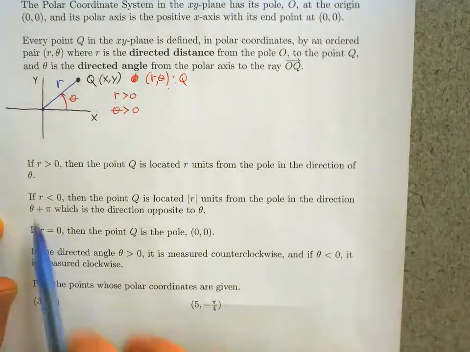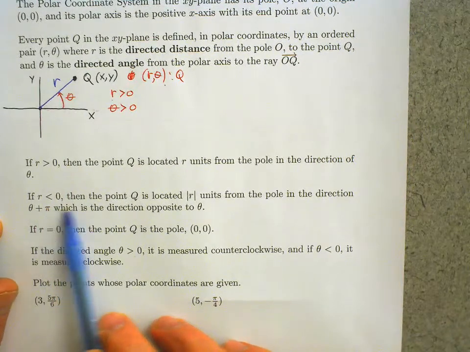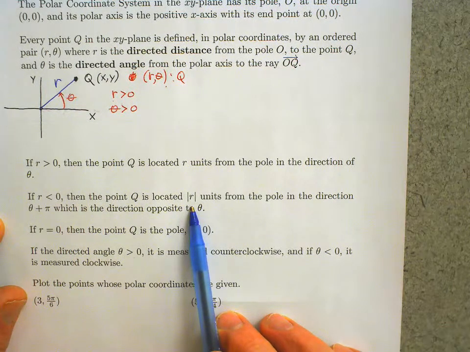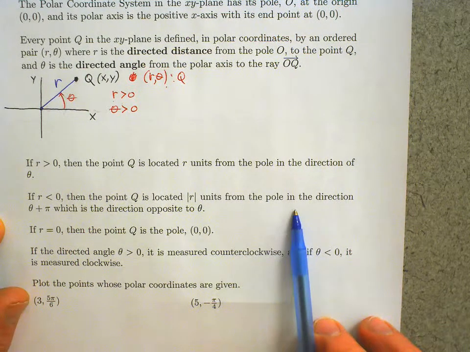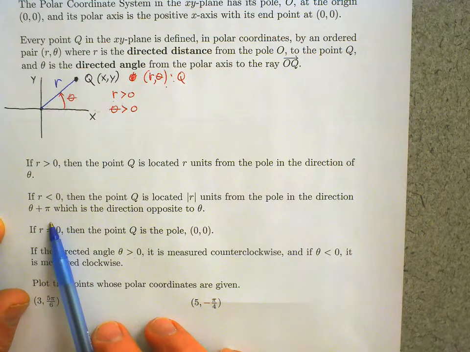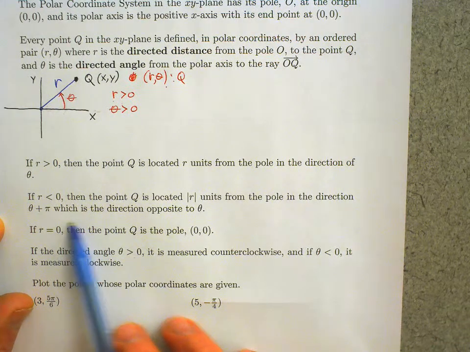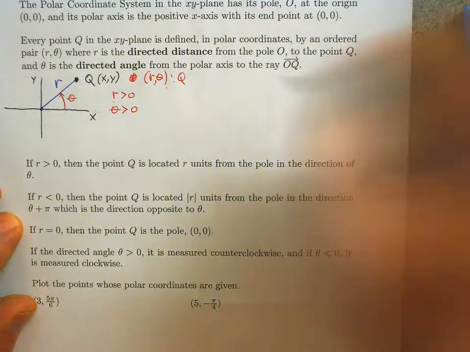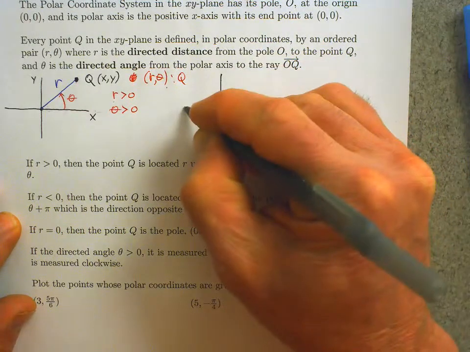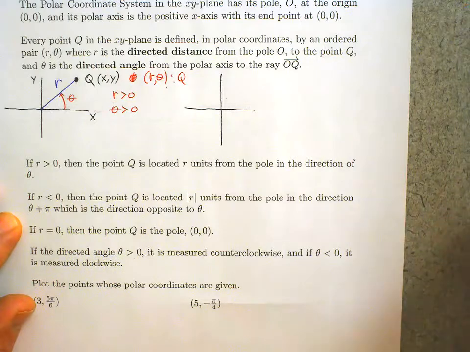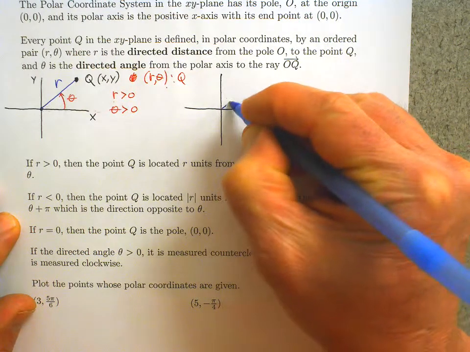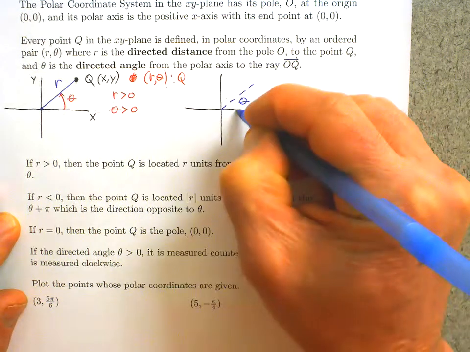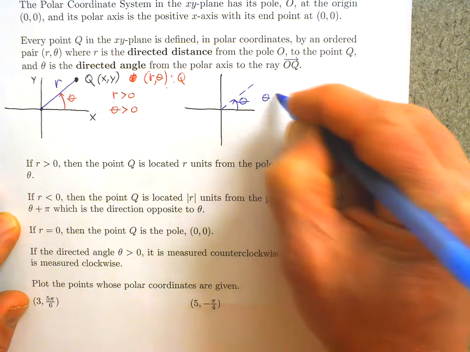But if r is less than 0 or negative, then the point Q is located the absolute value of r units from the pole in the direction theta plus pi, which is the direction opposite to theta. So we'll draw another picture. So suppose theta is this angle. So in this picture, theta is still positive.